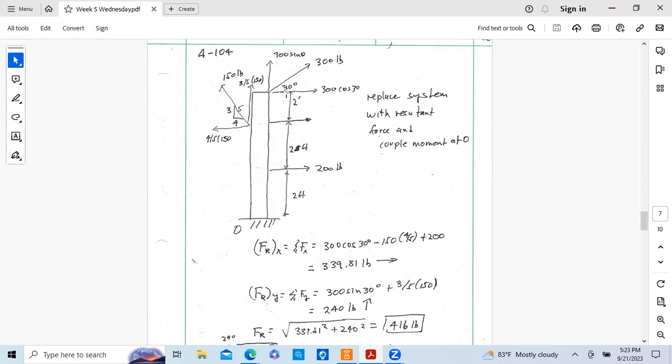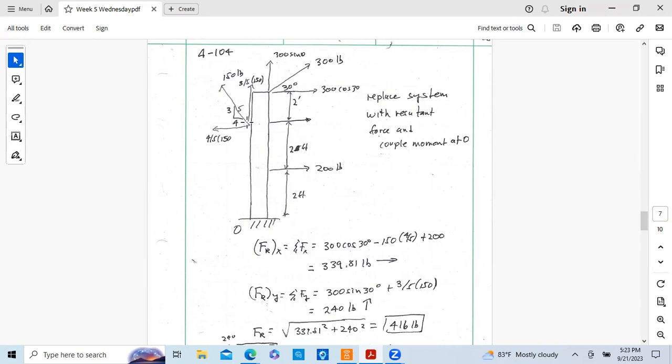So this 300-pound force is going to be, X component is 300 cosine 30. We'll sketch it out. It's in the positive X direction. The Y component is 300 sine 30, opposite, vertical. It's up, positive.